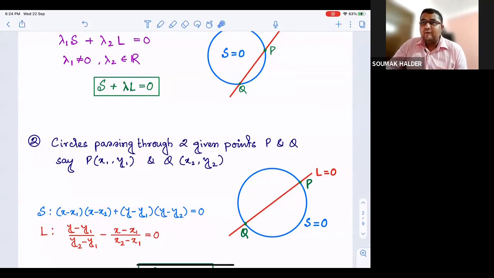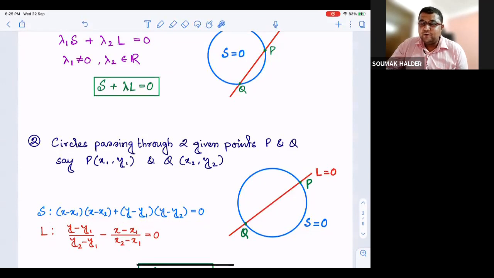So with this equation, we have found the unique straight line passing through both the points. As such, we could have infinite possible circles passing through these 2 points, but if we need to determine a circle with the help of 2 points, it will be easy if we consider the circle with those 2 points as diametric extremes. And hence, we have created our reference S treating P and Q as diametric extremes. So the equation we have found is (x minus x1) into (x minus x2) plus (y minus y1) into (y minus y2) is equal to 0.